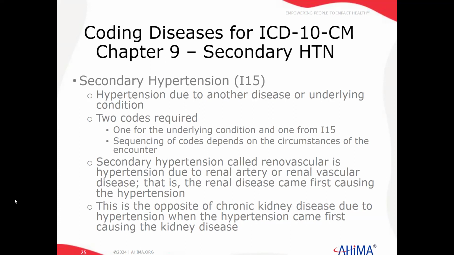So in other words, the renal artery disease came first, and that's what's causing the hypertension. This is the other side of the chronic kidney disease. In what we looked at earlier, the chronic kidney disease was caused by the hypertension. In this case, the hypertension is caused by renal artery disease.